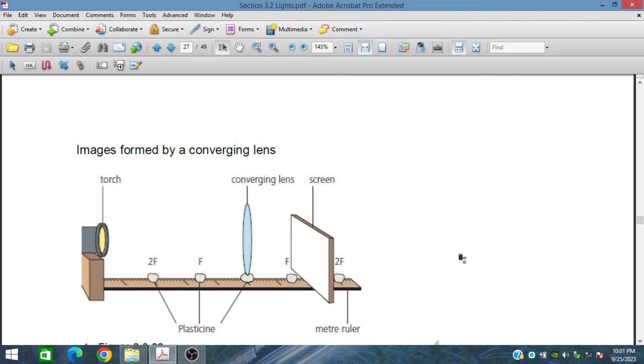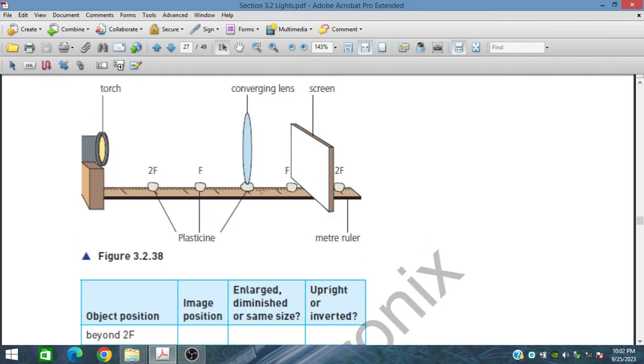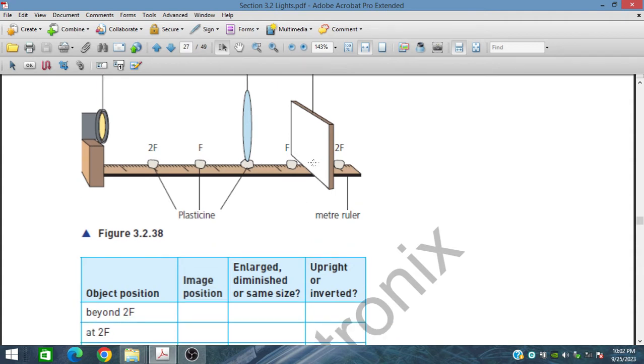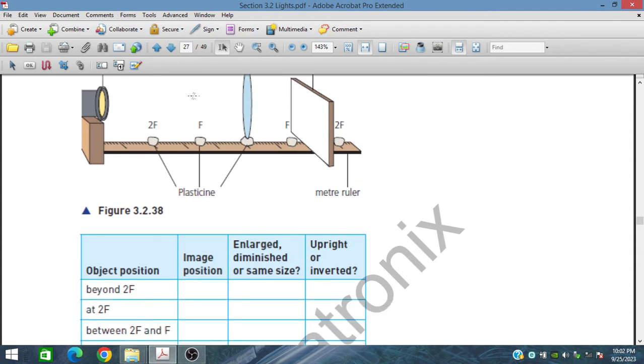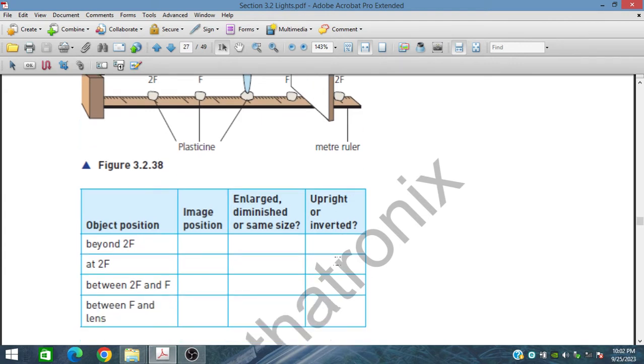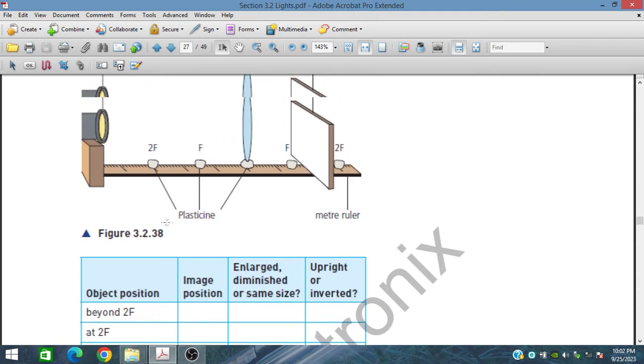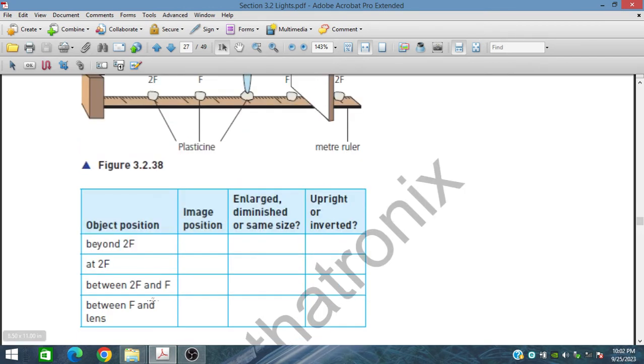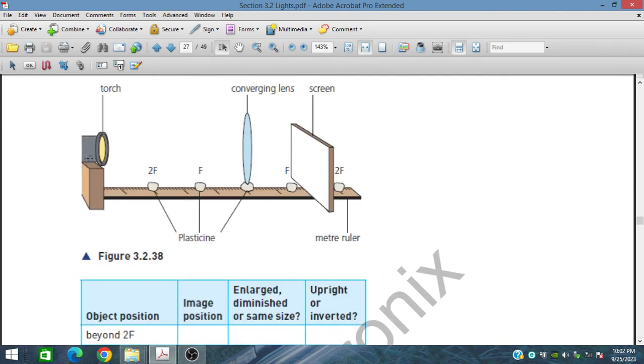This is a screen, and it can be moved to various places, so we can form images of different size, shape, and location. We can place the object beyond 2f, at 2f, between 2f and f, and so on. At these various positions of the object, the image will have different shapes.